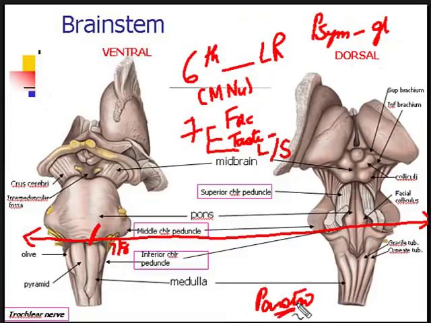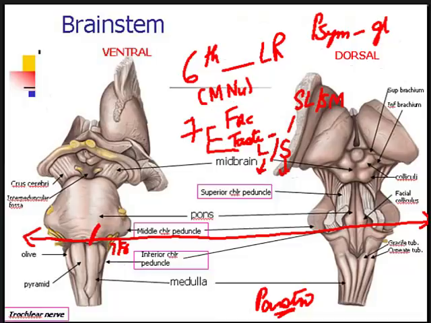Now the 7th is concerned with lacrimation and salivation. So we will see the lacrimatory nucleus here, and we'll see something called the superior salivatory nucleus, because this is for supply of your sublingual and submandibular glands. That's what you're going to see at this point.